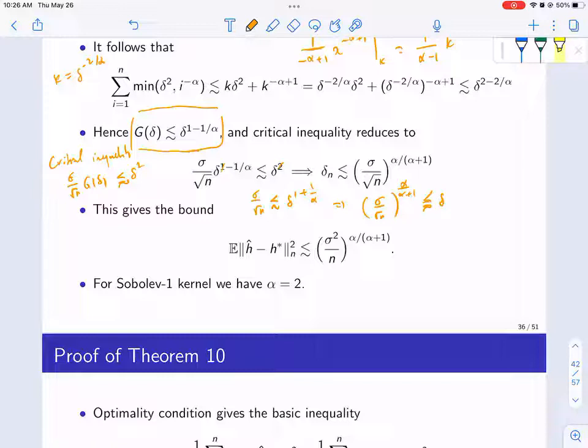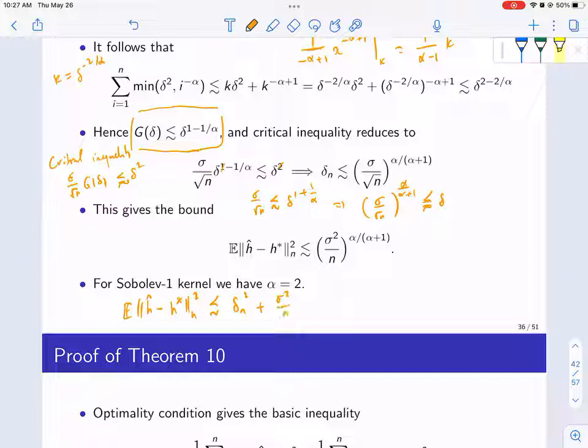And if I square this, I'm just going to square this. That would give me delta squared. So the expectation of the squared distance between h hat and h star would be like delta n squared plus sigma squared over n.